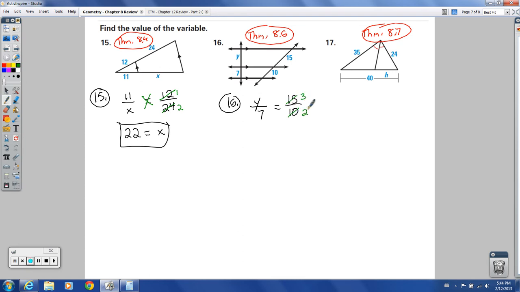This would be a 3 and a 2, cross multiply. Excuse me. And you end up with 2y equals 3 times 7, 21, divide by 2. That cancels, you're left with y equals 21 over 2. You could write that as 10.5. Any one of those would be acceptable.